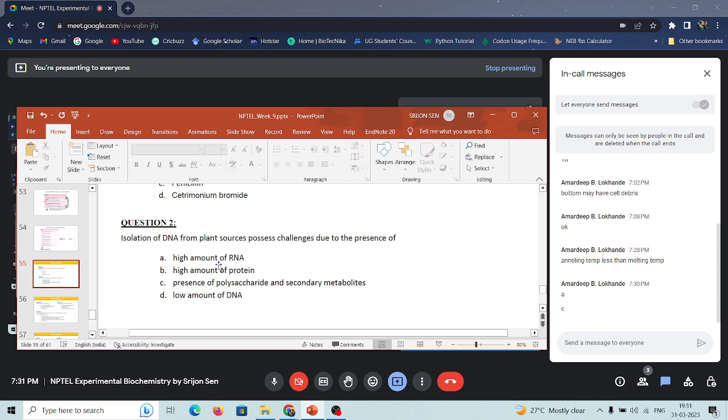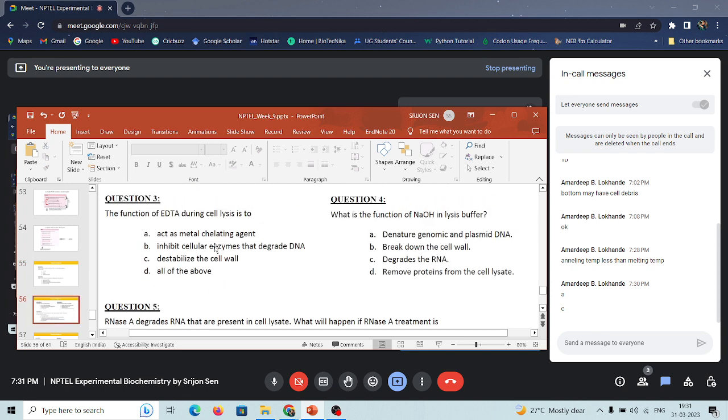So yes, the presence of polysaccharides and secondary metabolites makes it difficult to isolate DNA from plant sources. But there are different purification techniques which we can actually use for purification of the DNA from plant sources. But in any case, 2C is right because of the presence of the carbohydrates, polysaccharides, and the different secondary metabolites.